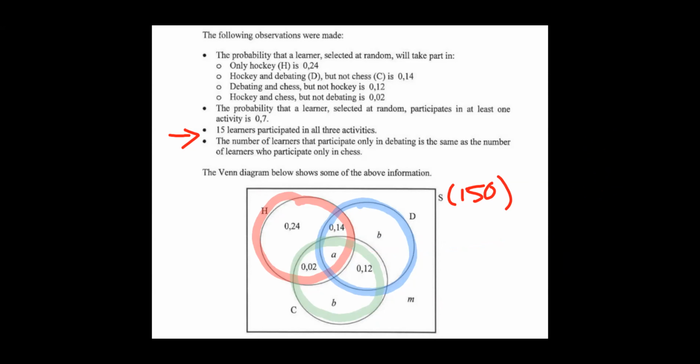Let's see if we can answer this question further. The second bullet says, let me just read it again. The probability that a learner selected at random participates in at least one of the activities is 0.7.